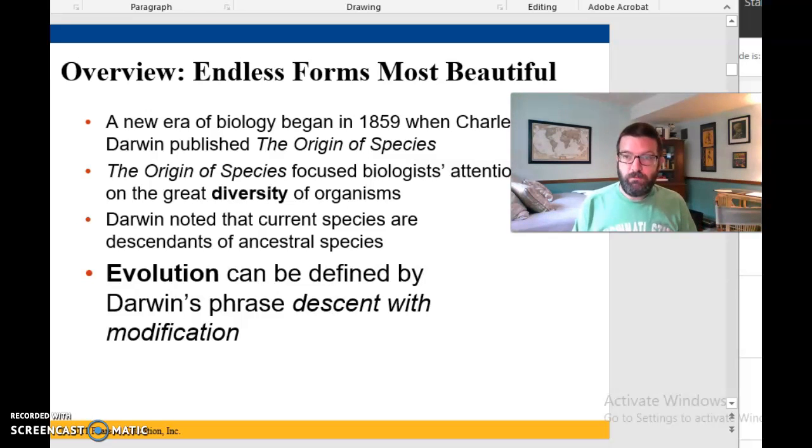To what makes that organism more fit in its particular environment. Another way to define that would be the change in the genes of a population over time. But Darwin couldn't define it that way because Darwin did not know what genes were in 1859.